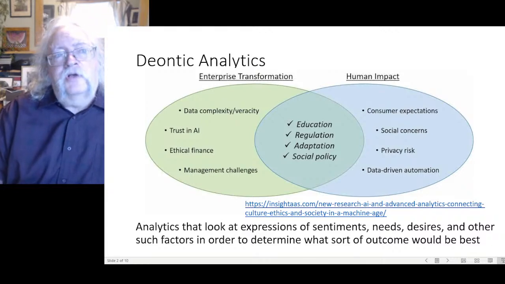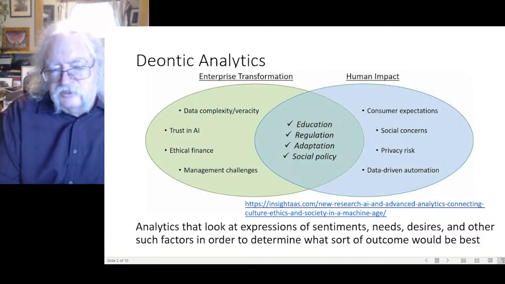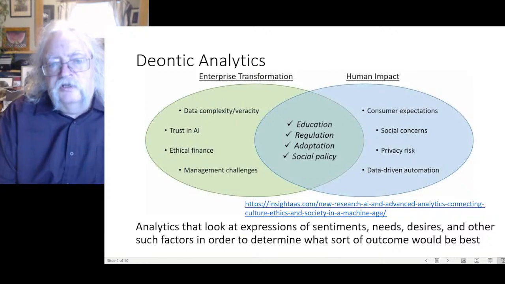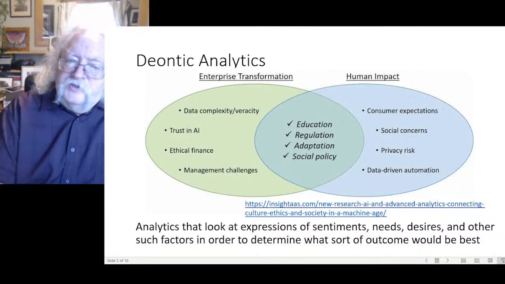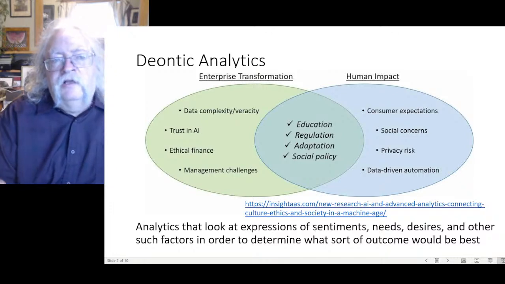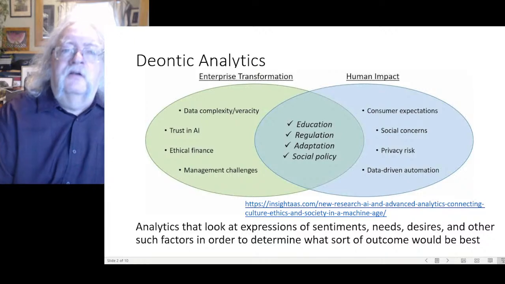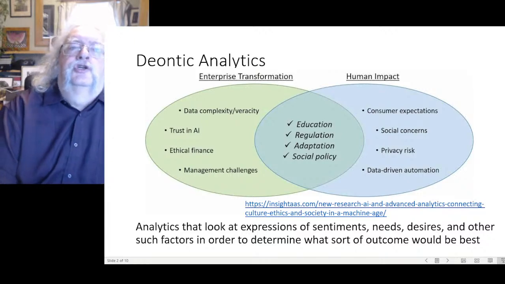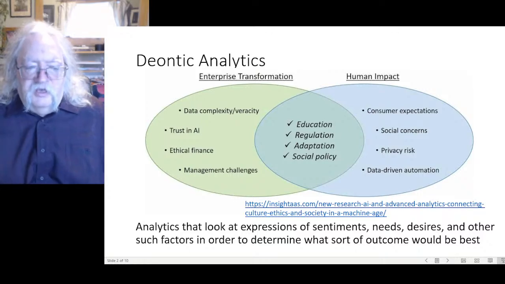You can see how these all go beyond mere prescriptive analytics, and they even go beyond generative analytics in that they're not telling us what is, they're not telling us what can be, but really they're telling us what should be. Given everything it knows, here's what we should do. Here's what would be the right thing to do.